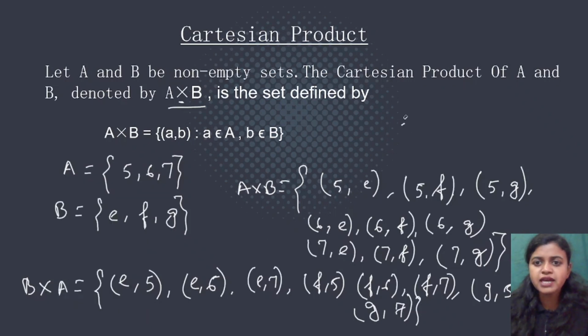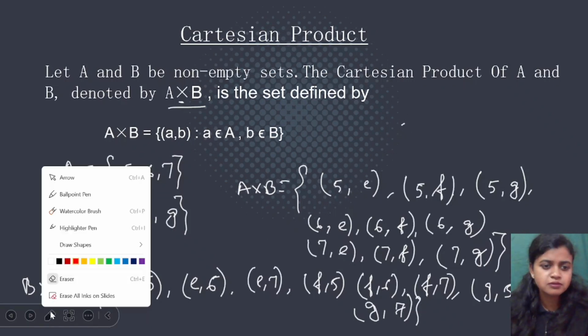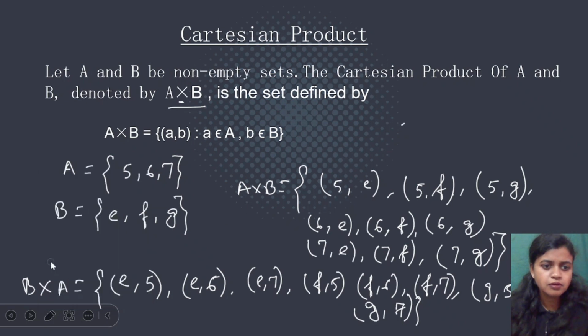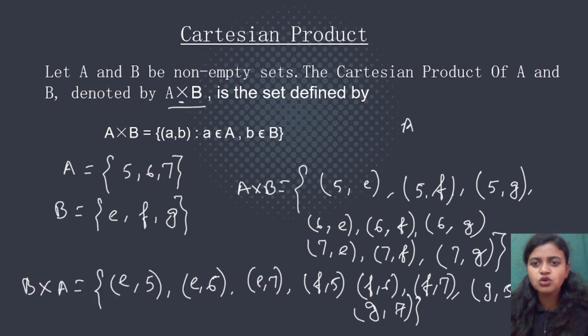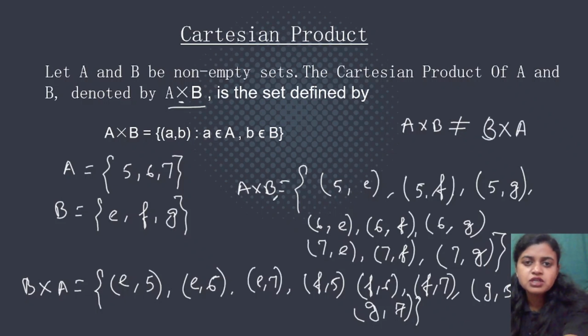So we can conclude that A cross B is not equal to B cross A. Okay, got it? So this is the way to find the Cartesian product between two sets.